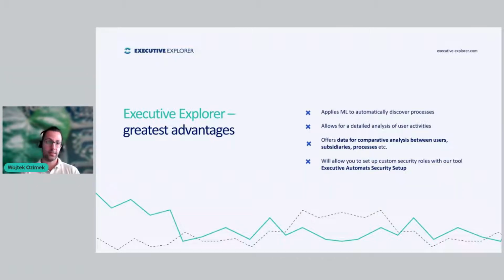So it provides you simply segregation of duties, right? Better customized roles. Those two tools work together seamlessly, and you can first of all discover the processes, analyze how they are being used, and you can also turn it later on into customized roles. Okay?